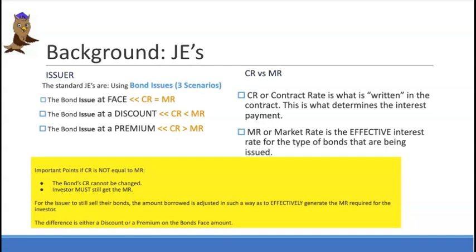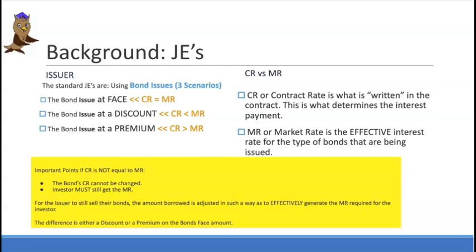Now, assume that these bonds are eventually ready to be issued or sold by, say, May 10th. But by May 10, the market rate for this type of bond has changed to, say, 13%. Yet the issuer still wants to sell these bonds. Now, potential investors require the current 13% regardless of what the bond contract says.